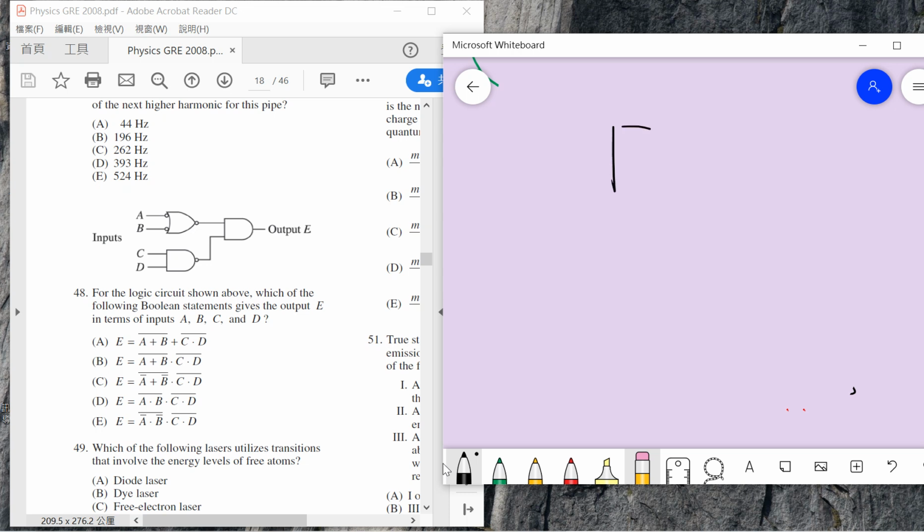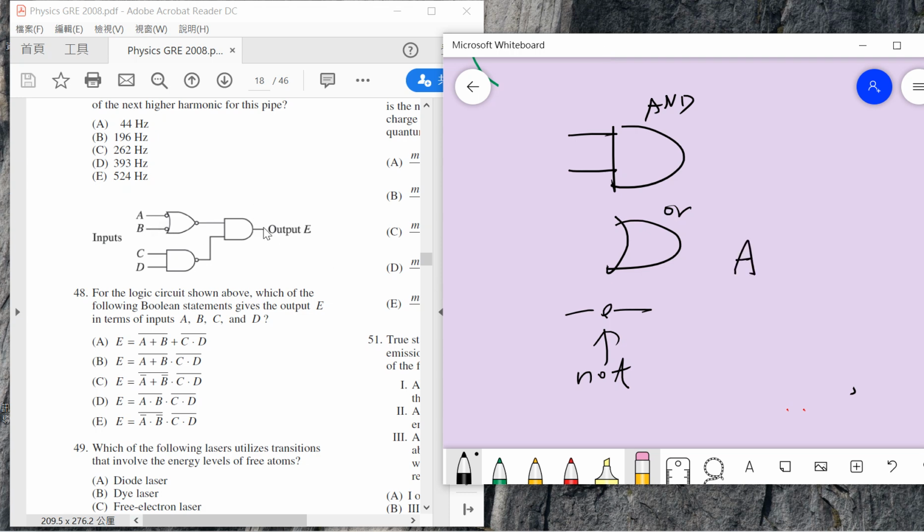Basically, this is AND, and this is OR, and this dot is NOT. By the way, when we write OR, we write a plus b, and we write AND as a dot b.